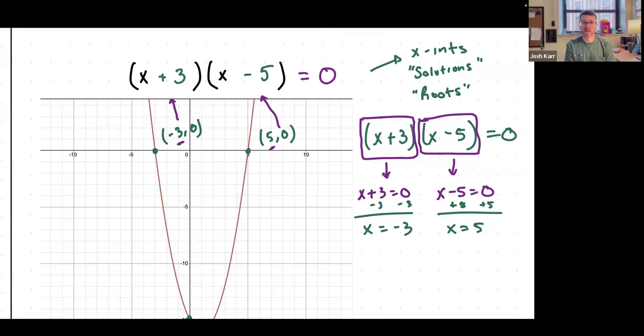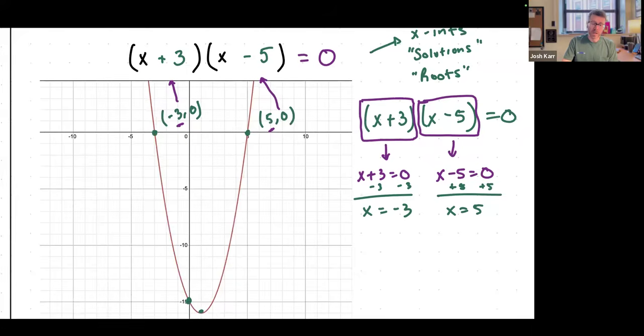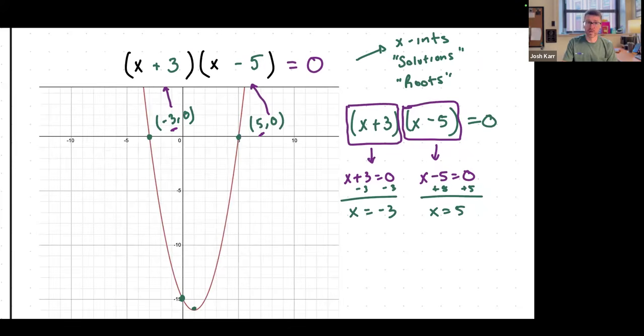Something I want you to think about is how many solutions can I have? So knowing that the graph is this shape, right? We're not diving super deep into this, but it's worthy of noting. Knowing that the shape is like this, we've already seen that we can have two solutions, right? Do I have to have two solutions?